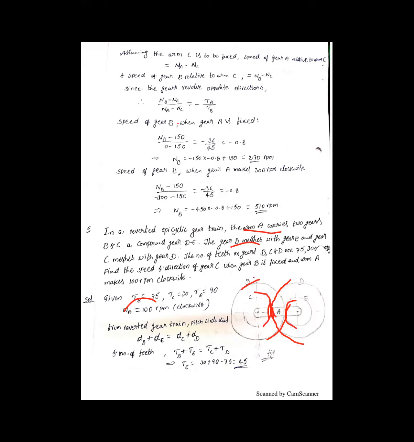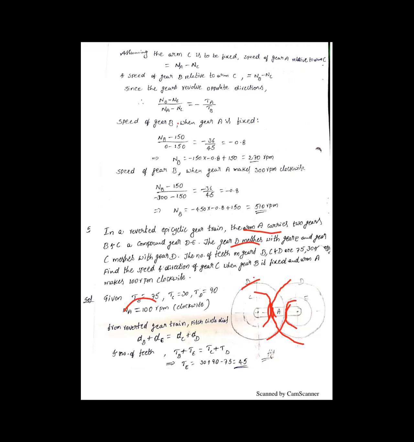Gear D and gear E are both mounted on the same shaft. And for the other ones, B is mounted on one shaft and C is mounted on another shaft.